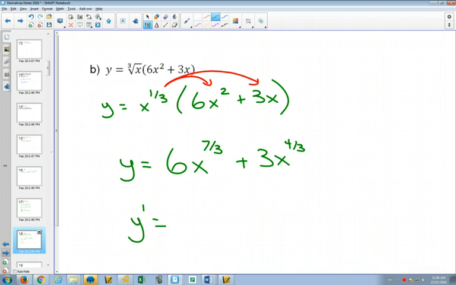What happens when you multiply 6 by 7/3? Subtract 1 from the exponent and you'll get 4/3 left. What happens when you multiply 3 by 4/3? Subtract 1 from the exponent.